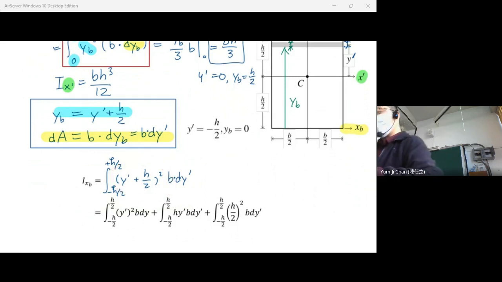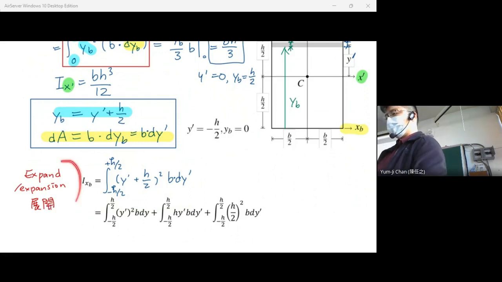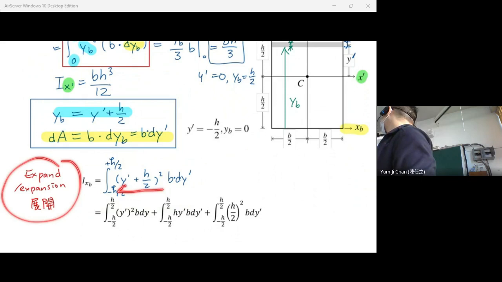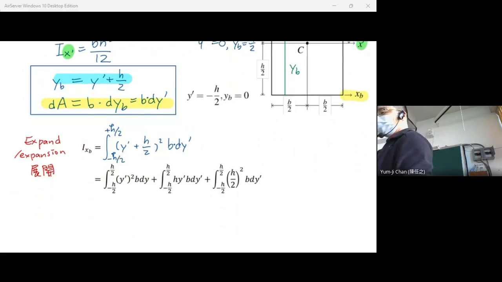Expand is 扩张 or 展开. So we expand this into three terms.